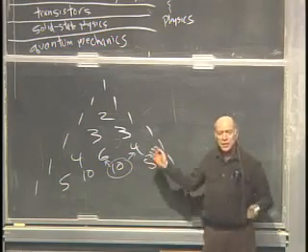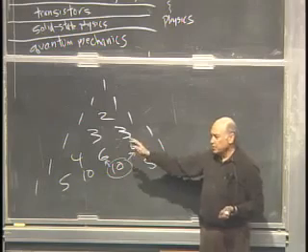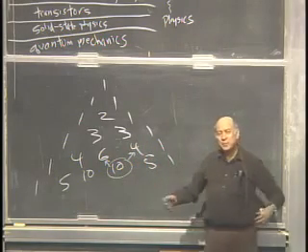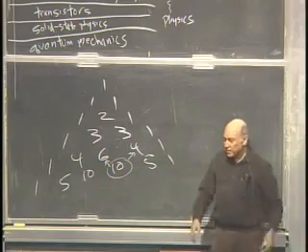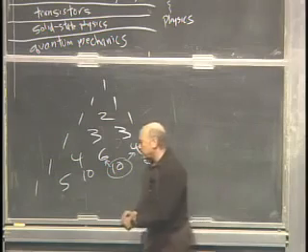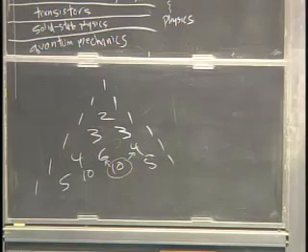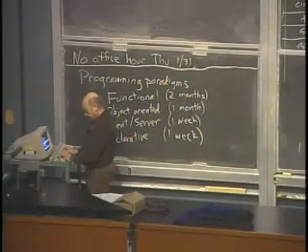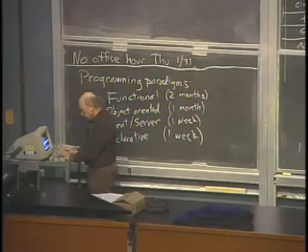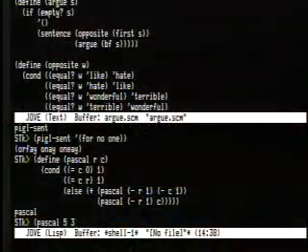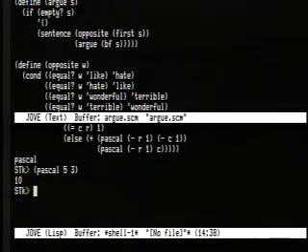You should have met this in high school as the coefficients of a plus b to the n. And it also comes up in probability, the number of combinations of n things taken k at a time. So the rows and columns are numbered from 0 in this program. If I want to get this 10 that's circled here, I'll ask for Pascal row 5, element 0, 1, 2, 3. And there's my 10. Okay?